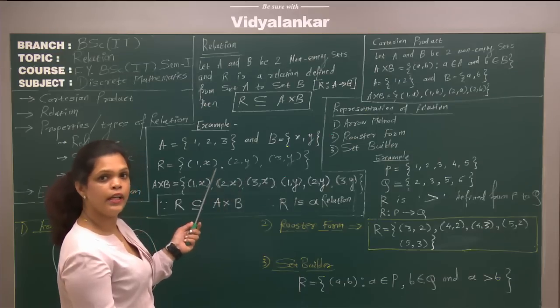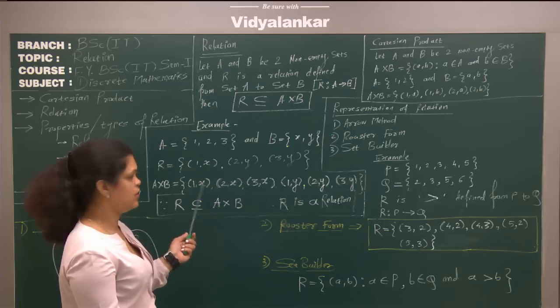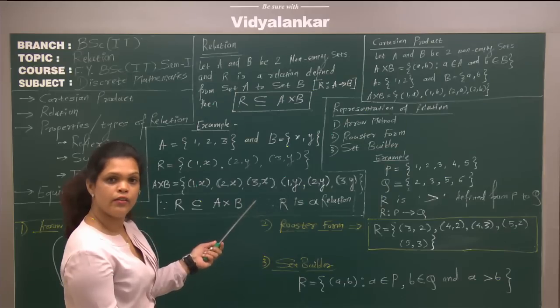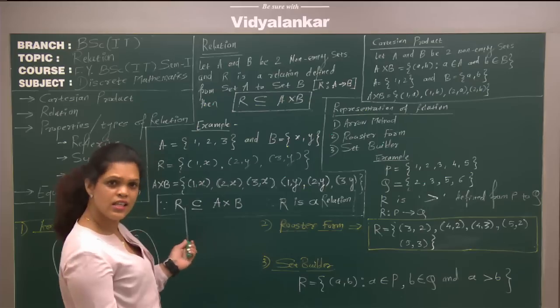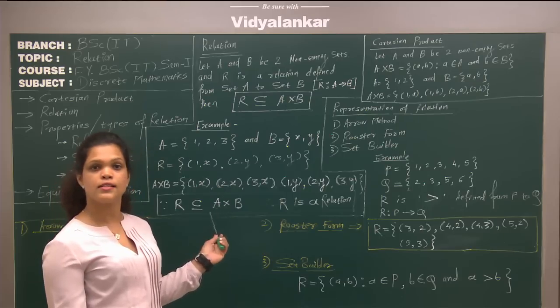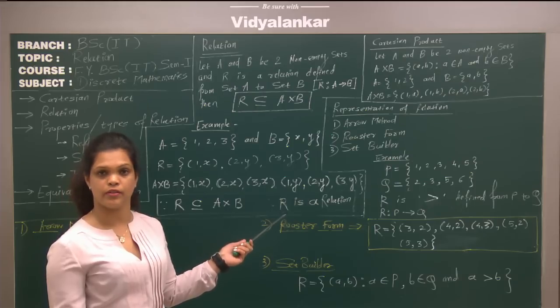If you find A cross B, the Cartesian product of A and B, you will get 6 pairs. Now check whether R is a subset of A cross B or not. Is R a subset of A cross B? Yes. R is a subset of A cross B and therefore R is a relation.